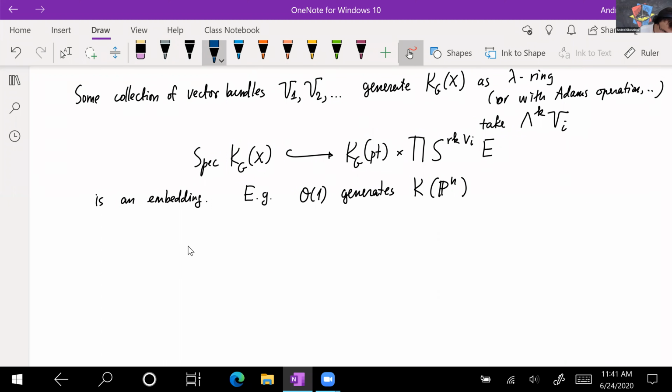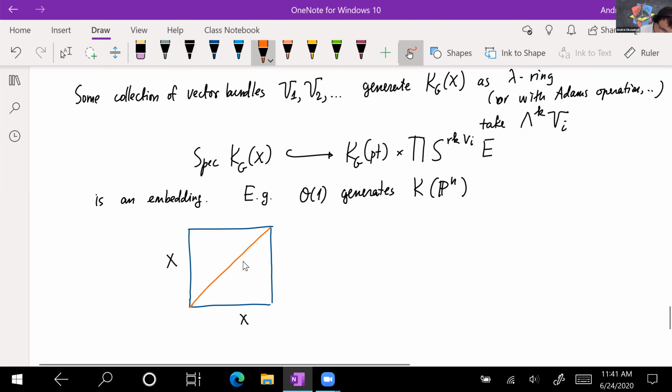Suppose I take the diagonal in X cross X. Then I can ask, can I resolve this diagonal by sheaves of the form something pulled back from the first factor, outer tensor something pulled back from the other factor?